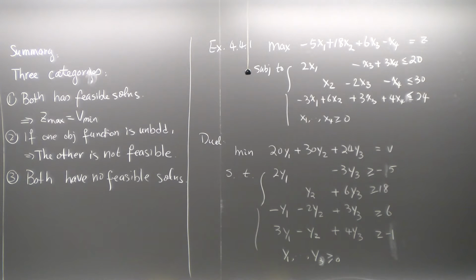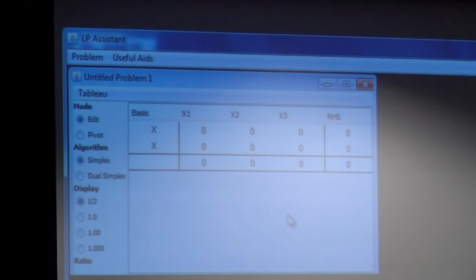Okay, so we will go to LP Assistant and show off our skills. See, I can do it. It's a lot of fun. Let me try to punch in these numbers. For the original problem, I have 3 equations, 3 slacks, 4 variables, so I need 7.